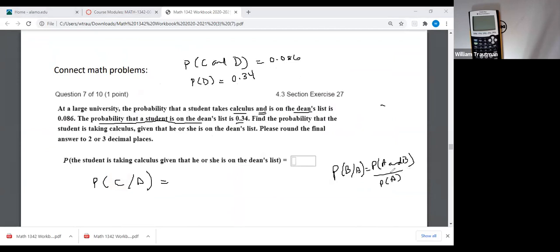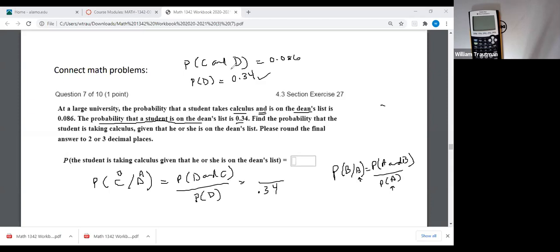Okay, so if you notice, A is on the bottom here and A is on the bottom here. So the D part would be the A, and this would be the B. So the probability of A and B, which is D and C, divided by the probability of D. Well, the probability of D is right here, 0.34.